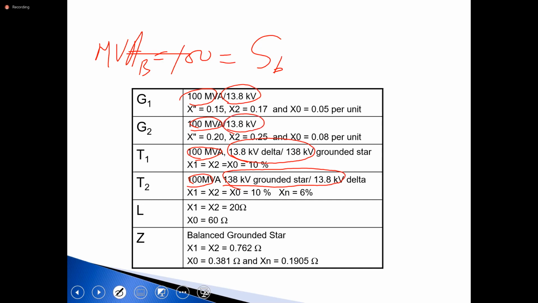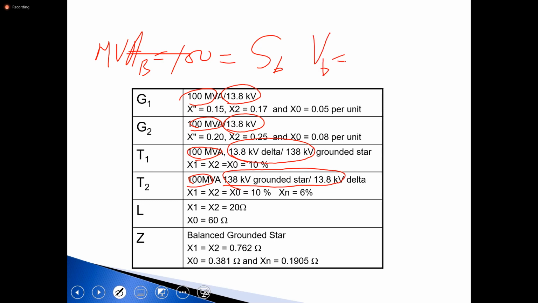So what that is saying to us is that there will be no need to convert any of these if we simply select one of these voltages, any one, the 13.8 or the 138, as our base voltage at any one point. All right? So for the transformers and generators, there is no need to convert because we'll need V base.